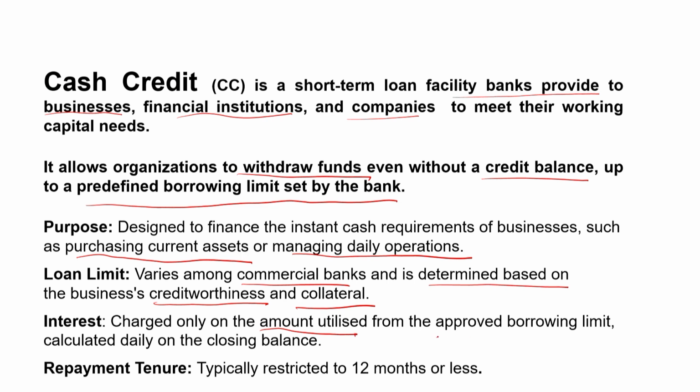That means not on the approved borrowing limit, only on the limit for which you have taken cash credit from the bank, and the interest is calculated on the daily closing balance. Typically it is restricted to a time period of 12 months or less. For this particular time period, the consumer can ask for cash credit from the bank.